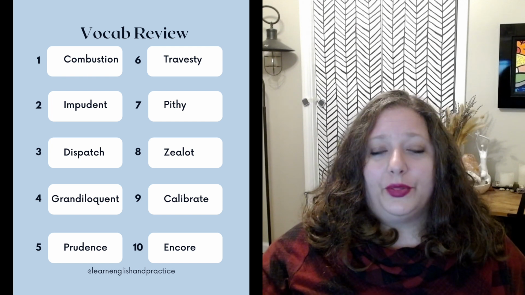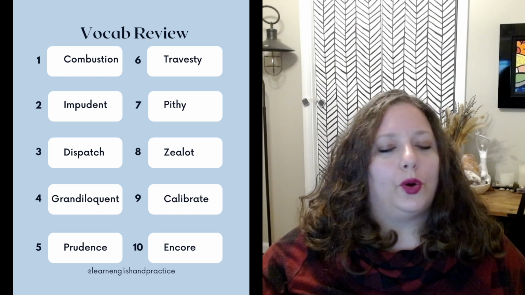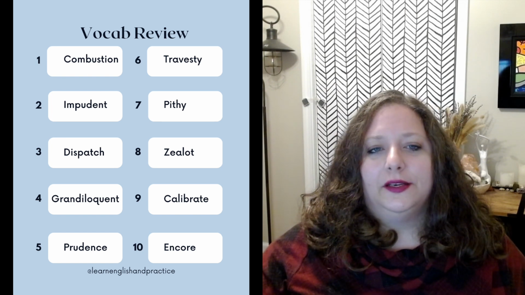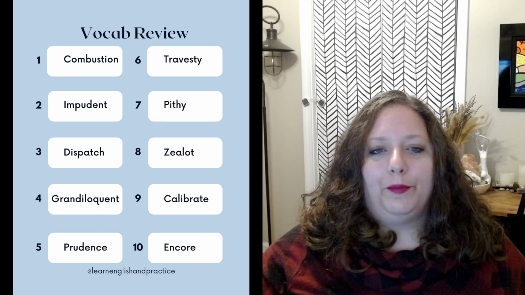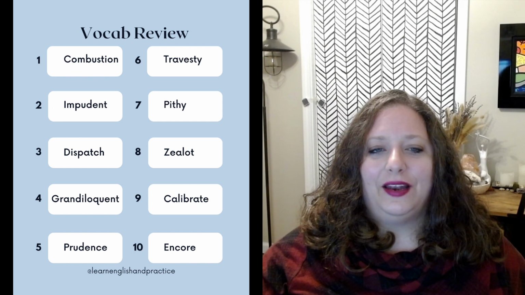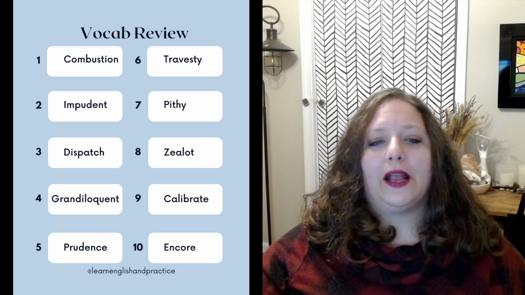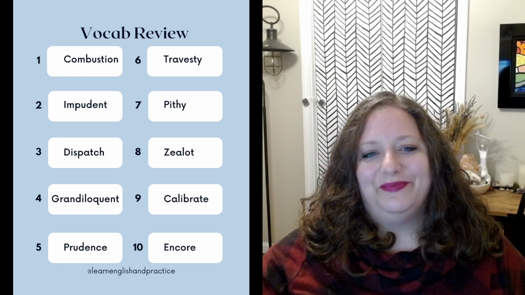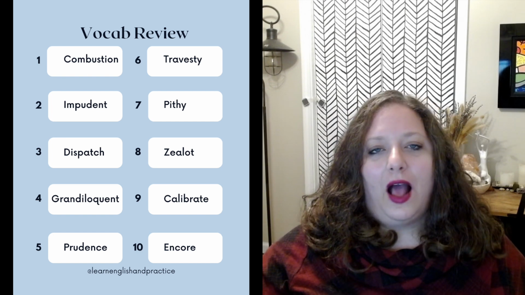So, let's go through these words one more time. I'll go quickly through them and spell as I go. Combustion. Combustion is an instance of burning, violent agitation, or some sort of chemical reaction. Impudent.